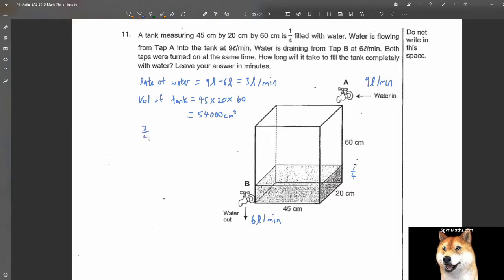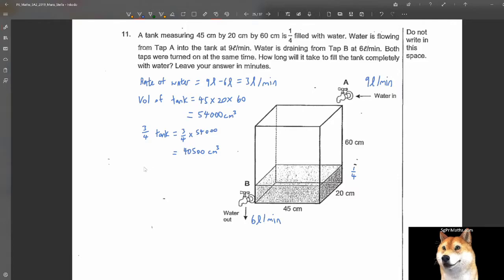So 3/4 tank equals 3/4 multiplied by the volume, 54,000, equals 40,500 cm cubed. So this is the volume to fill at a rate of 3 liters per minute.